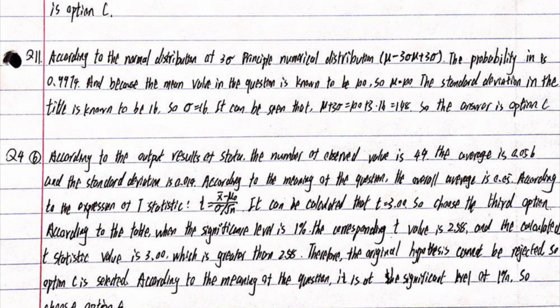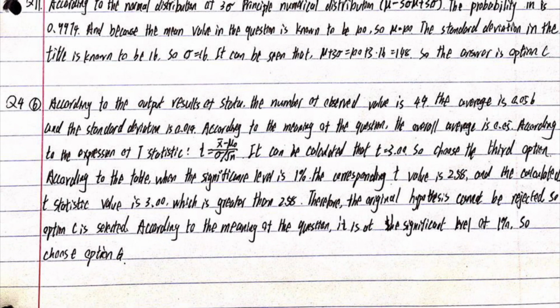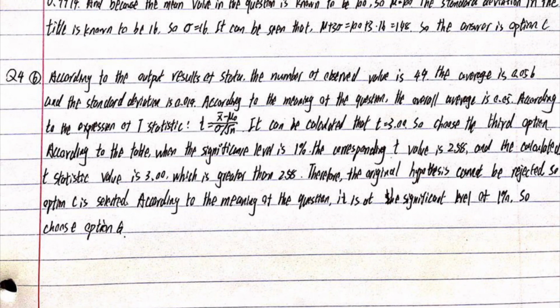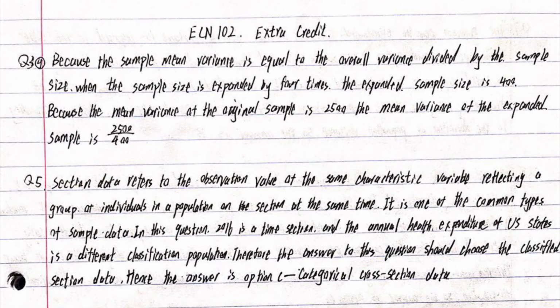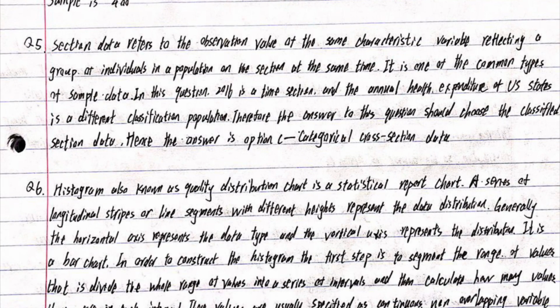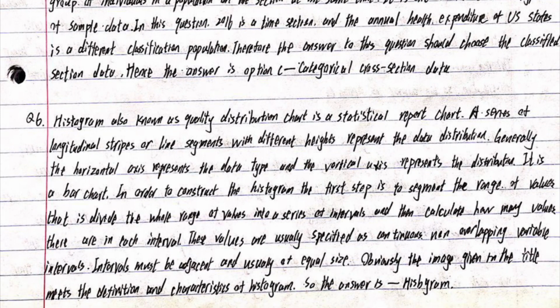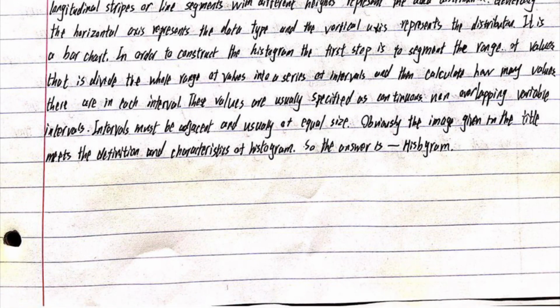According to the question, the overall average is 0.05. According to the t statistic formula, the equations, please see the image. It can be calculated that t equals 3, so choose the third option.